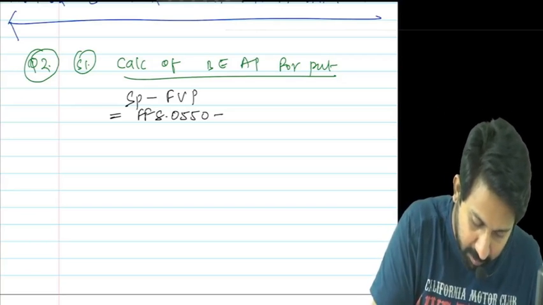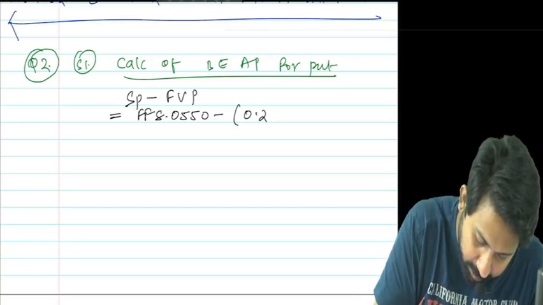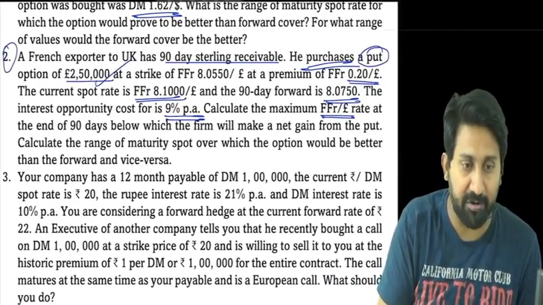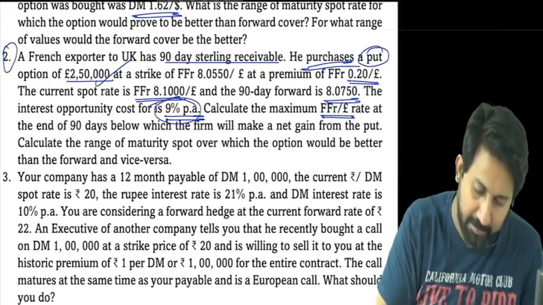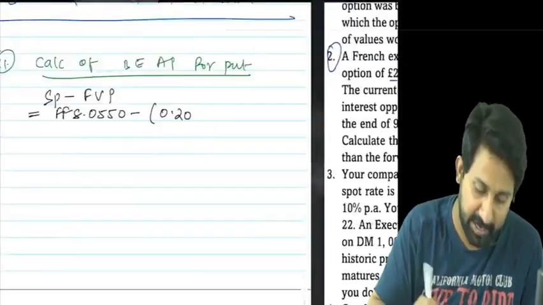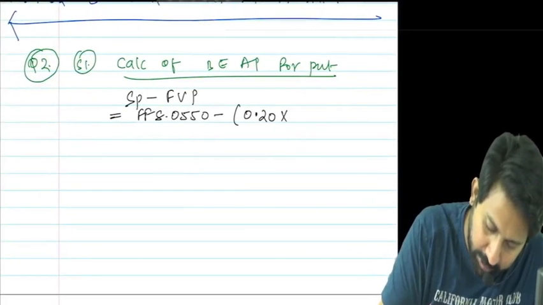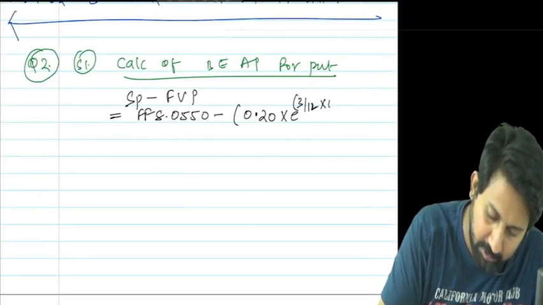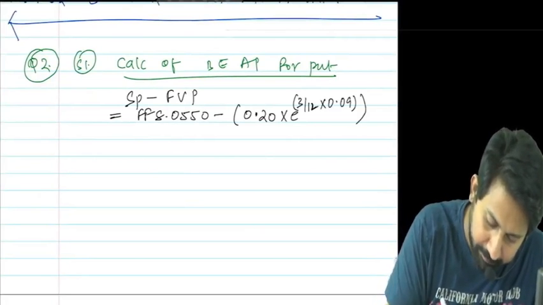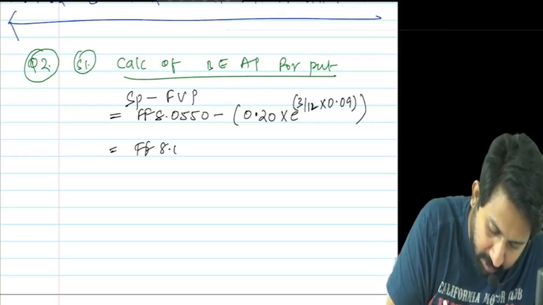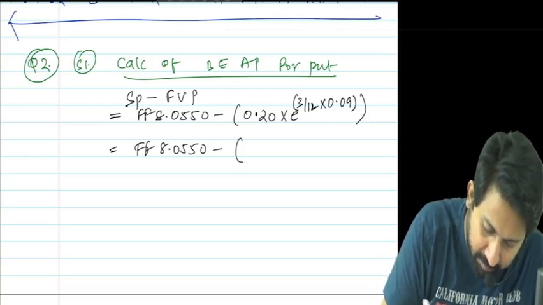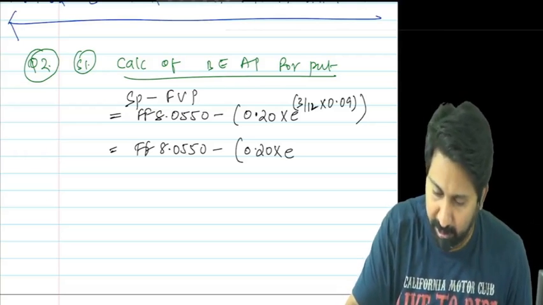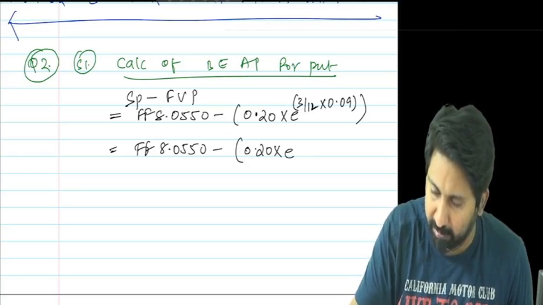What is the premium amount? 0.20. What is the rate of interest? 9%. How many days? 90 days, so e power 3 by 12 into 0.09. So French franc, do along with me: 8.0550 minus 0.2 into e power 3 into 0.09 divided by 12.